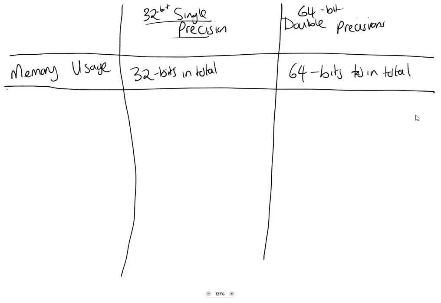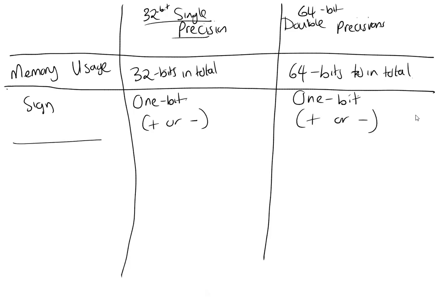The sign itself is represented with 1 bit. It indicates whether it's positive or negative. And the same thing for double precision: we also just need 1 bit for the sign.